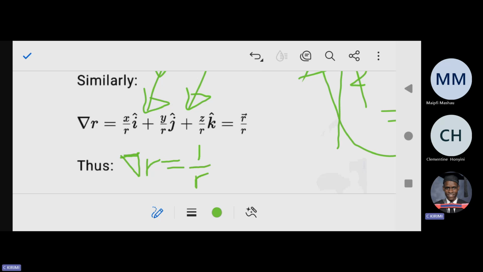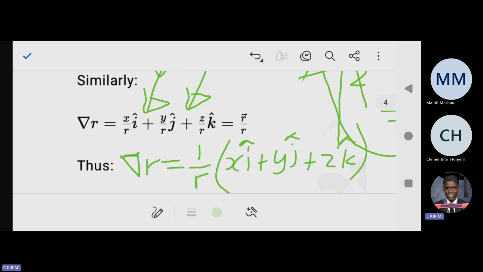You factor it out. It's common throughout. So I'm applying x in the i direction, and don't forget the hat on top, plus y in the j direction with the hat on top, plus z in the k direction on top.